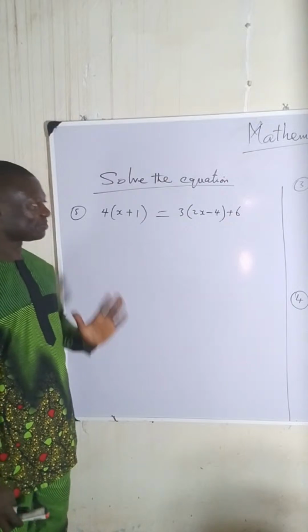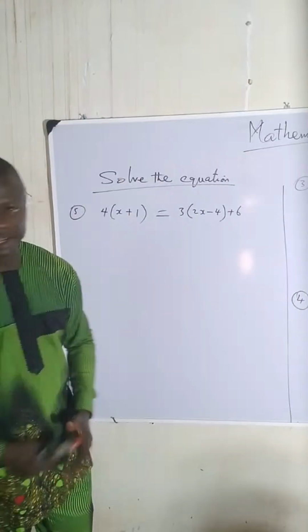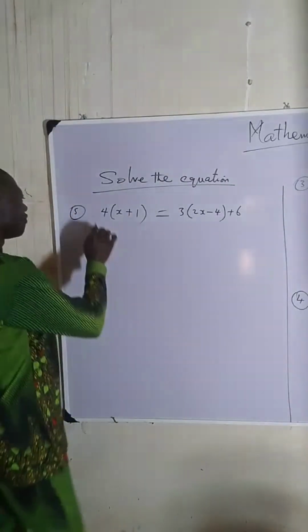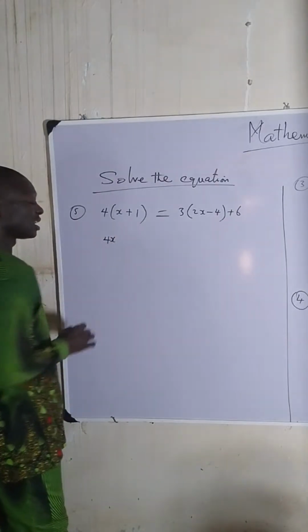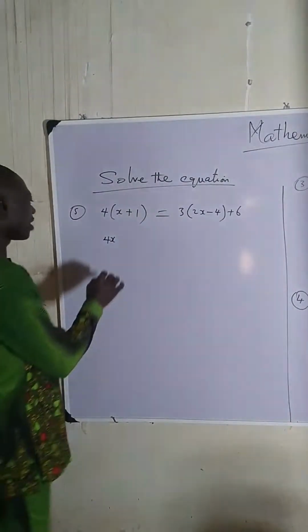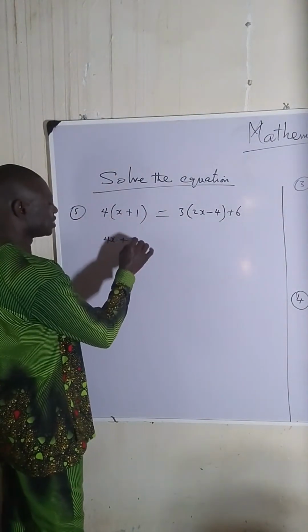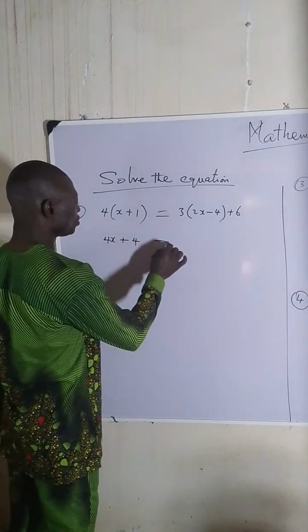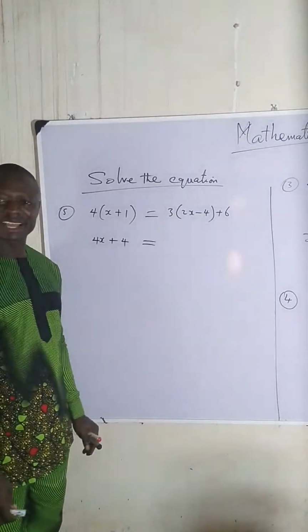So the first step to take here is opening the bracket. When we open the bracket, we have 4 times x will give us 4x. Remember that 4x is something like 4 times x all the time. Then we have plus 4 times 1 is 4, is equal to, we continue. We open the bracket on the right hand side.